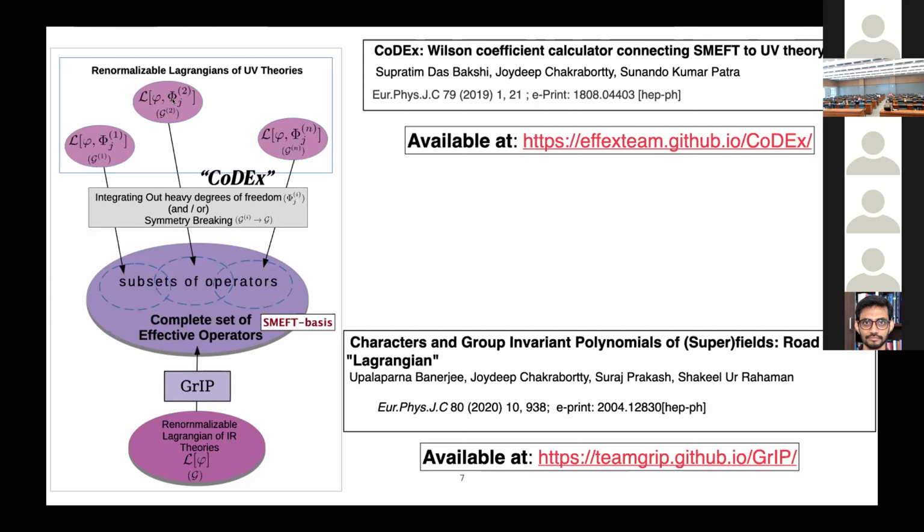But if you reduce them in terms of this SMEFT basis, you'll get a subset of these effective operators, which will contain the information or the footprints of those heavy interactions and their mass scales. And if you consider those heavy fields to be more or less degenerate, you can bring them onto the same footing as the SMEFT. So now you can see that because the characteristics of these interactions in different UV theories are different, that will lead to different sets of operators.